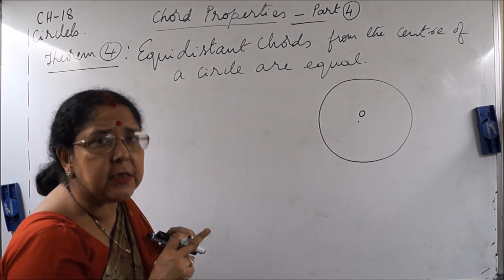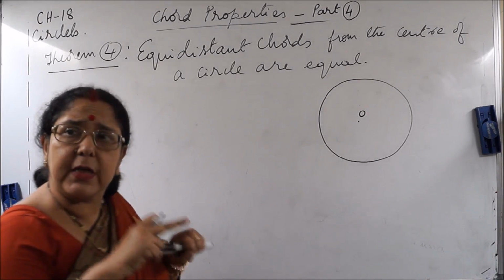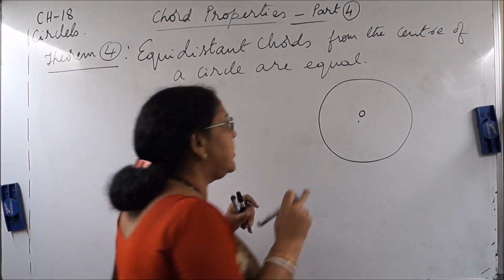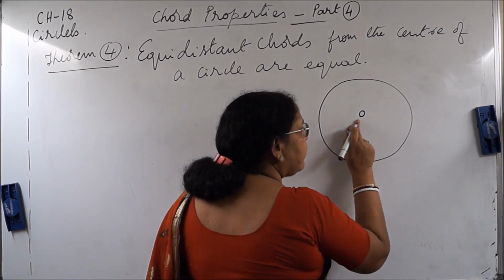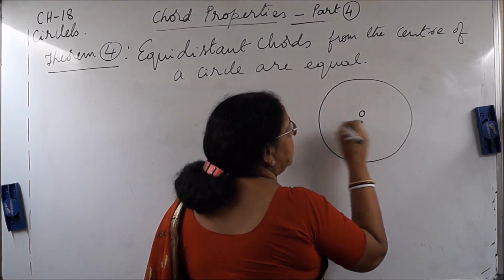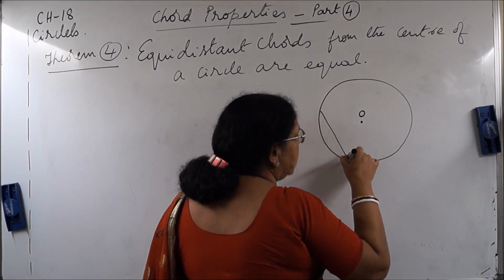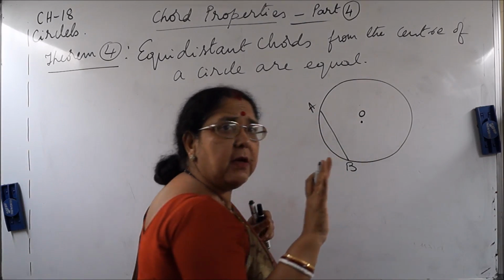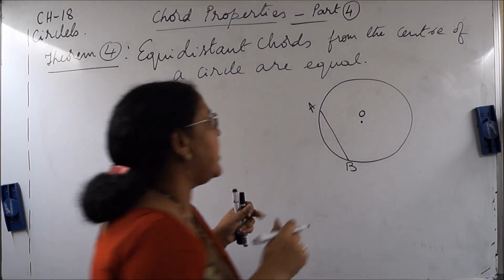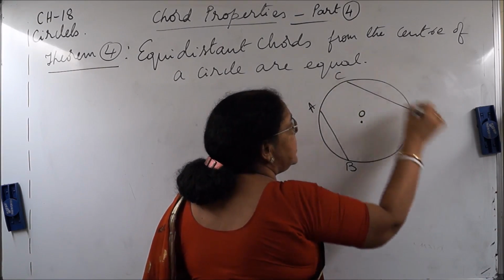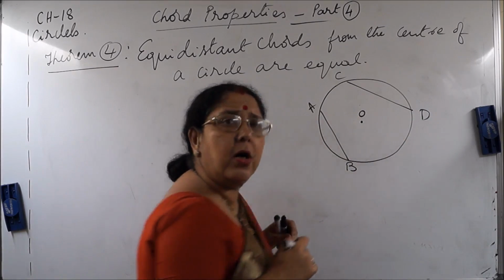Equidistant from the center means the perpendicular distance of each of the chords from the center of the circle is equal. So again we have two chords, but we only know that the chords are equidistant from the center. Here we are not aware whether they are equal or not. We will verify whether chord AB and chord CD are equal or not.